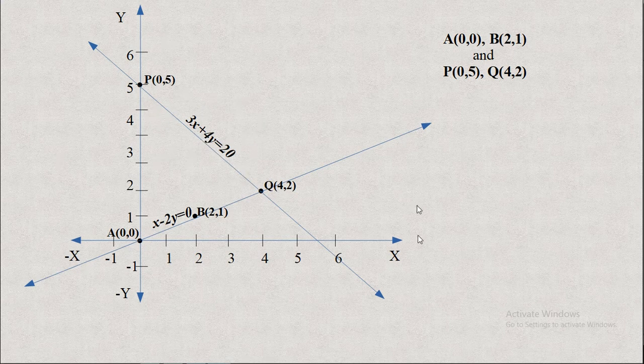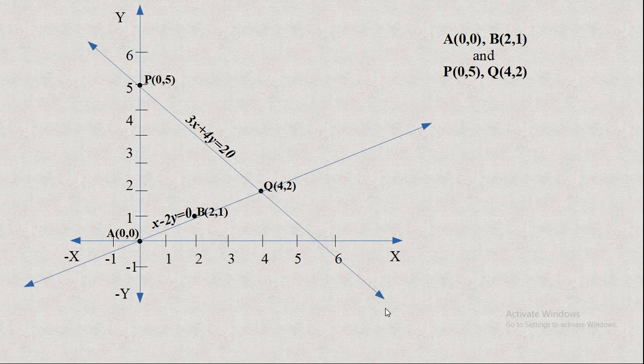But from this graph we have to find the solution for the pair of linear equations. Now we can see that these 2 lines are intersecting at a single point. This means that this point is common to both the lines. That means this point is lying on this line, so this point is a solution of this equation also, and this point is lying on this line, so this point is a solution of this equation also.